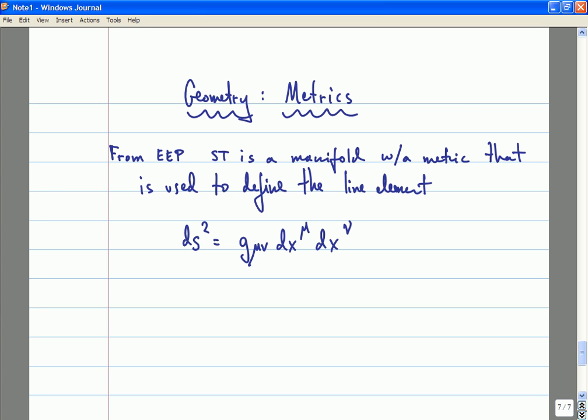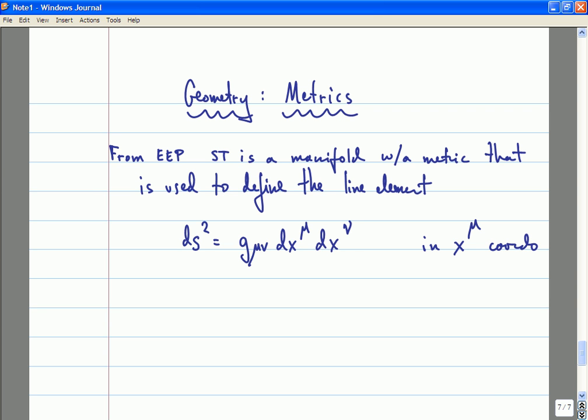And it's given in terms of the metric by g mu nu dx mu dx nu, where dx mu are these infinitesimal displacements, and g mu nu will be some function of the x mu's in some coordinate system. So here I'm using some coordinate system x mu. And what special property does this metric have?